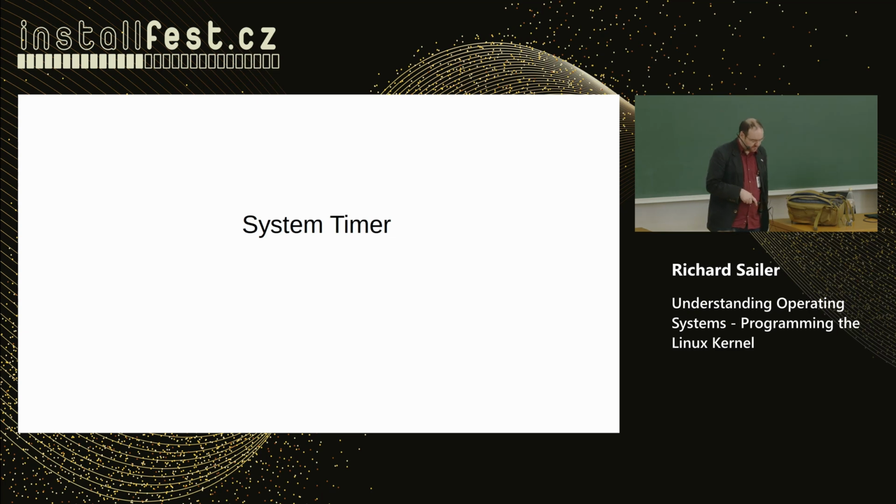Usually the frequency is 250 hertz, so every 4 milliseconds, I think. This thing ticks, as I explained already 40, 50 times, and every time there is an interrupt, the kernel handles it.